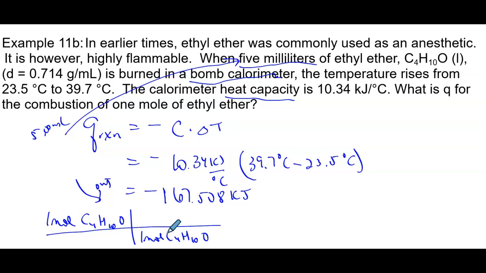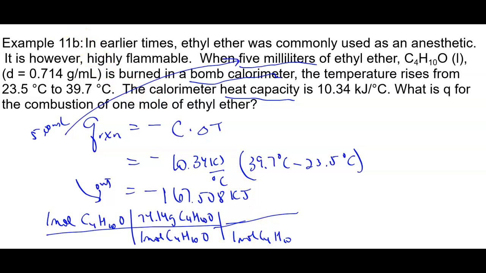So 4 times 12.01 plus 10 times 1.01, plus 16. So I get 74.14 grams, periodic table number, C4H10O. And I know for every 1 mole of C4H10O, oops, that's not the right number, I apologize.